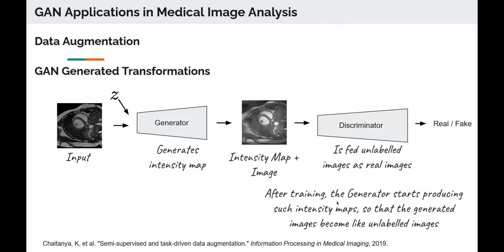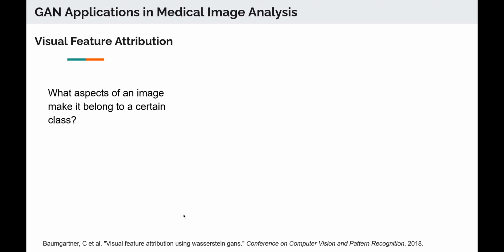And this is what will happen after training, that the generator will start producing intensity maps such that the generated images start looking like unlabeled images. And in this case, we don't even need to change the segmentation labels because we are just adding some intensity. So the ventricles will remain in the same place. So the segmentation labels will be the same, right?